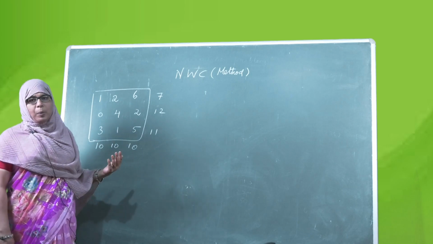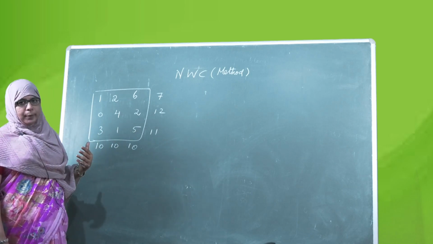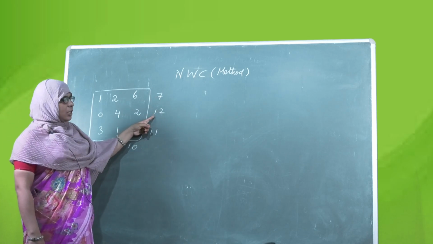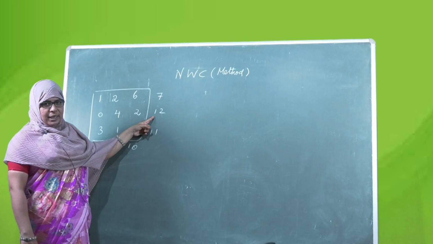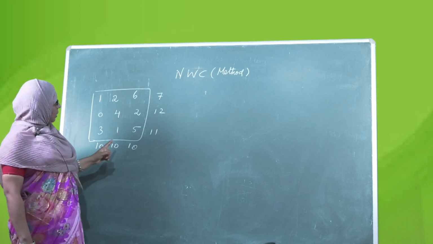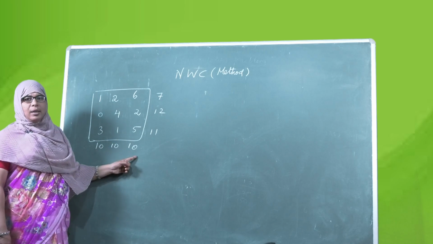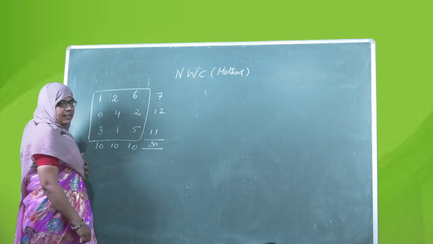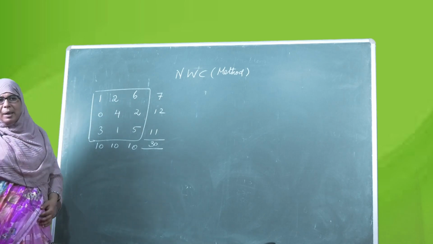So 7 plus 12, 19, 19 plus 11, 30. Row element 10, 10, 10, 30. So the problem is balanced.